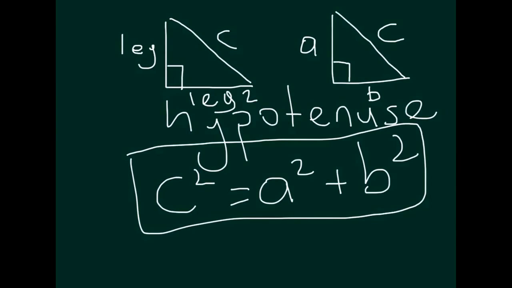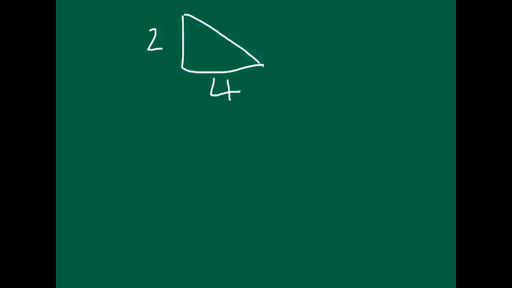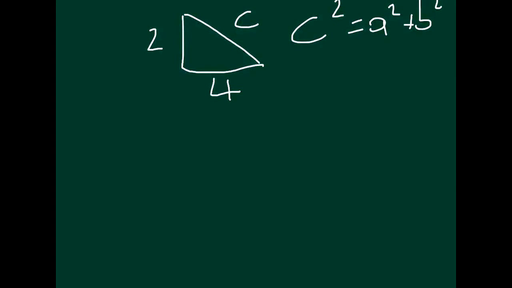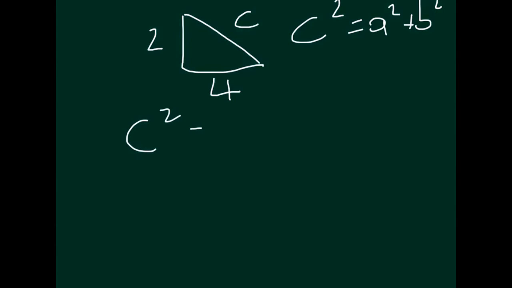So, moving on. Simply put, if we have, for example, a triangle with legs of 2 and 4 centimeters each, then we can find our hypotenuse, right? So in this case, remember in our formula, C squared is equal to A squared plus B squared. Then C squared would be equal to 2 squared, right?